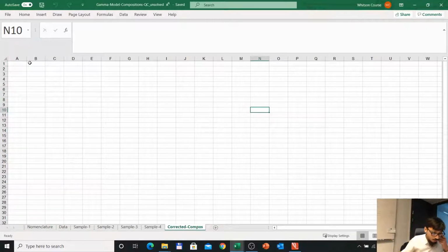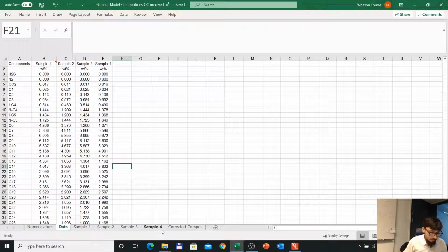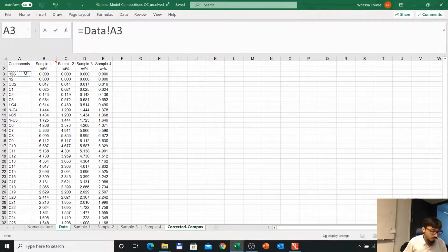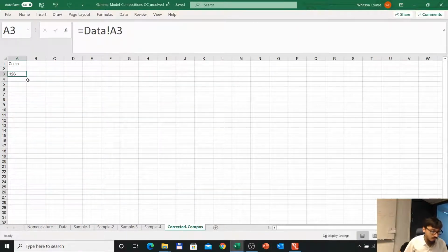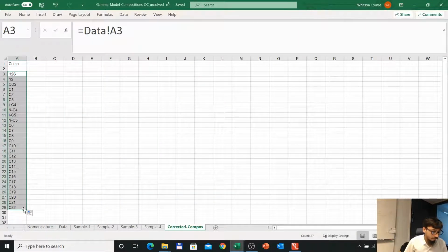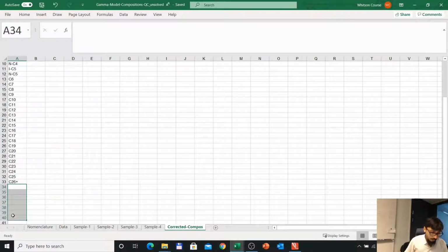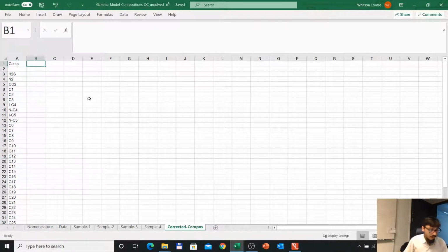We have components here, so just drag them down and link these cells with that sheet. Now we have sample 1.